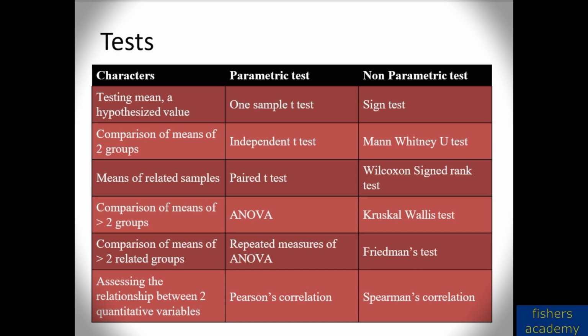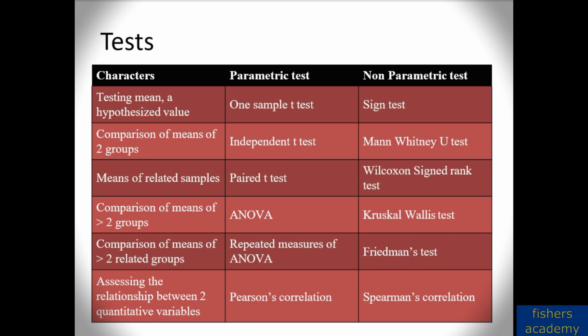Then comparison of means of more than two groups. In parametric we usually call it ANOVA; for non-normal distribution, the Kruskal-Wallis test, otherwise called non-parametric ANOVA. Then comparison of means of more than two related groups: repeated measures ANOVA is the parametric test, and the Friedman test is the non-parametric test.